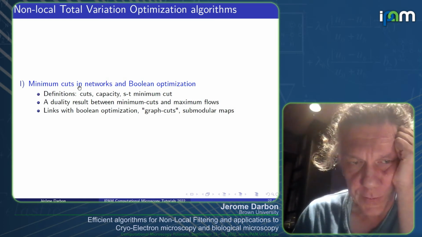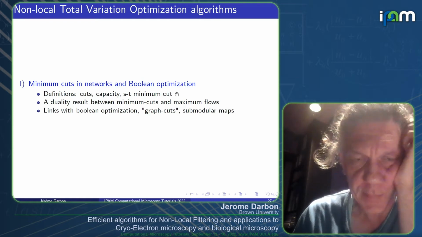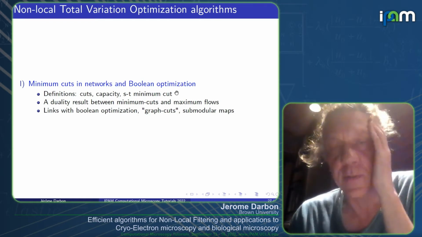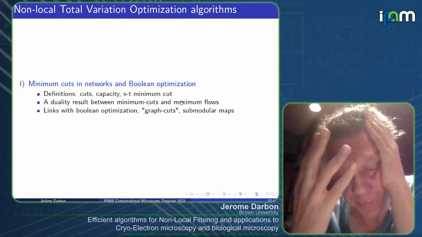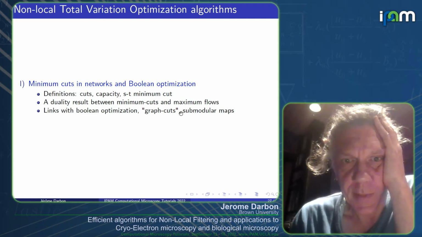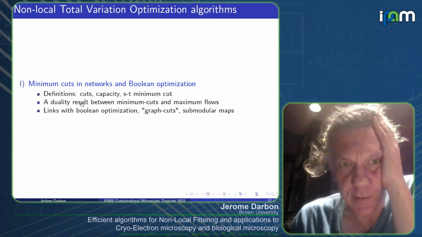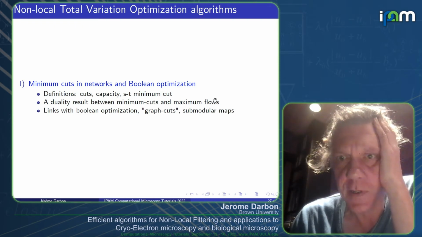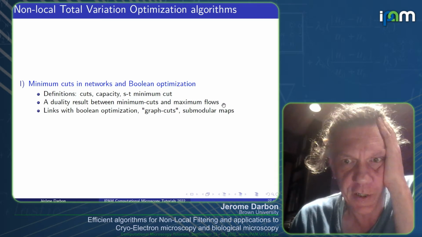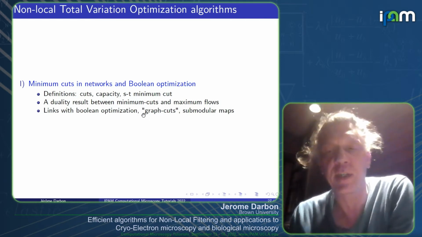I'm first going to give you some definitions that are a bit abstract, but then I will give you some figures so that you can understand in a graphical way. And then we're going to introduce a famous duality result between minimum cut and maximum flow. This is a result that is very useful for the computations. And then I will show you how we can connect optimization and what we're going to see.